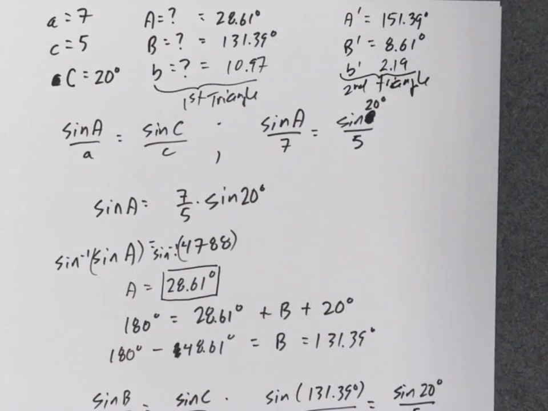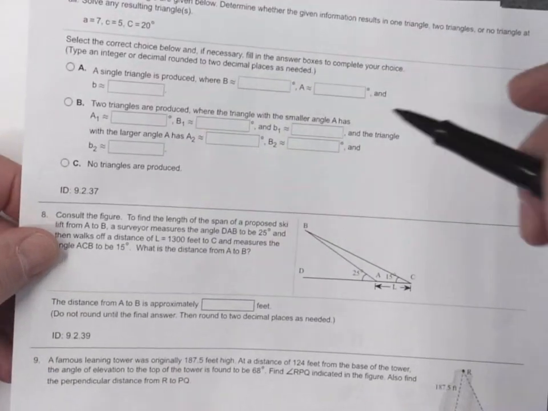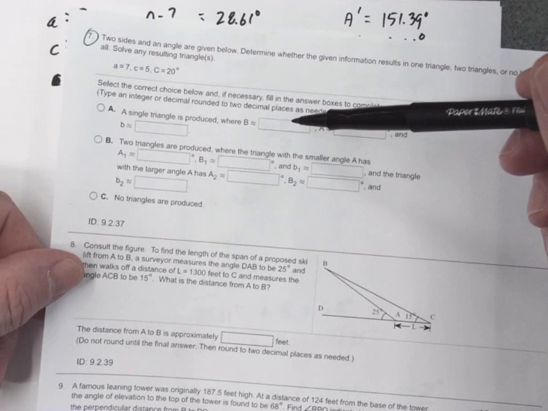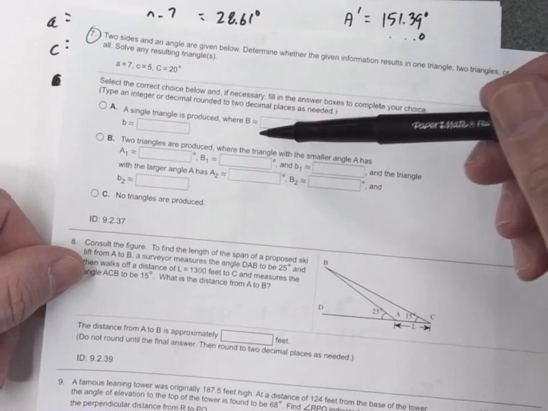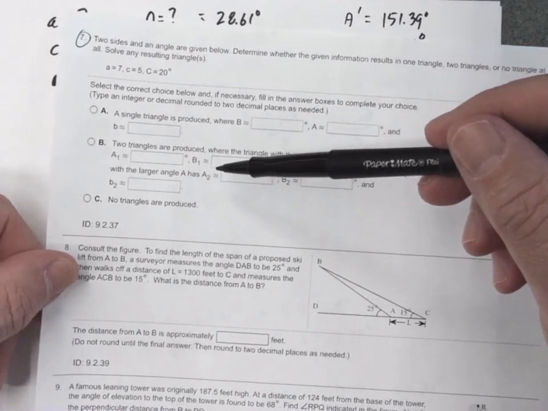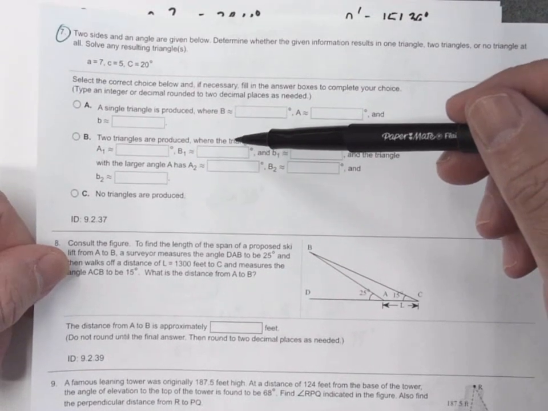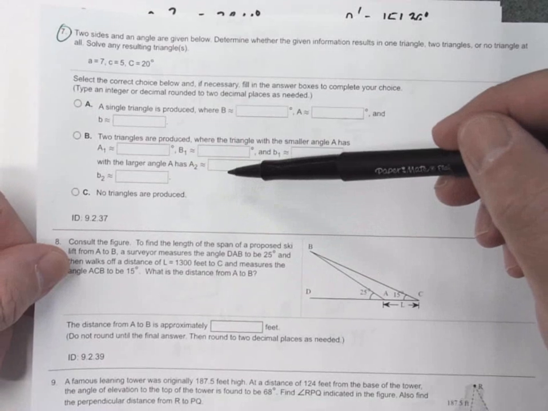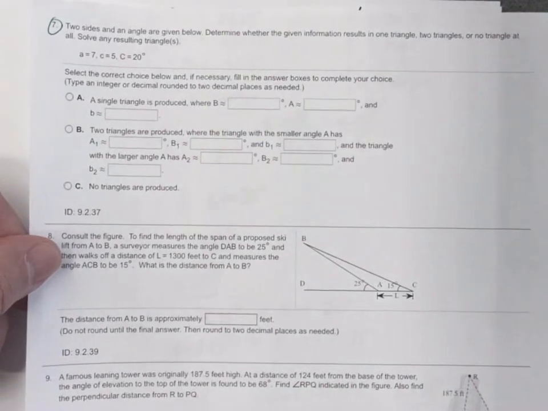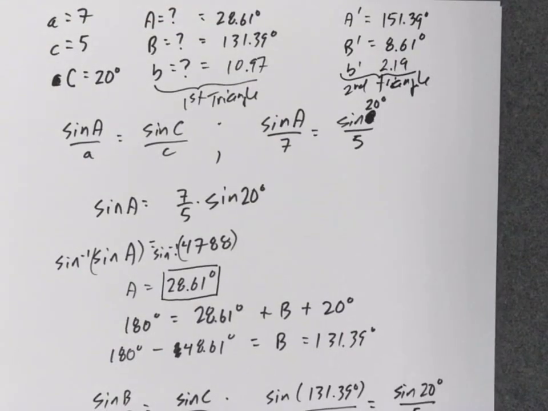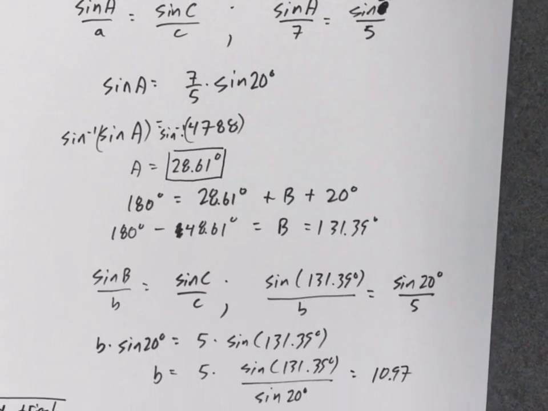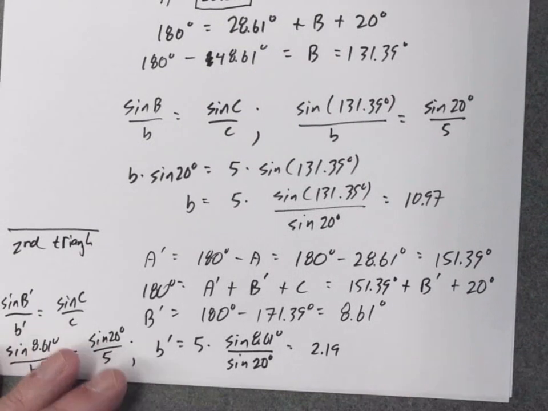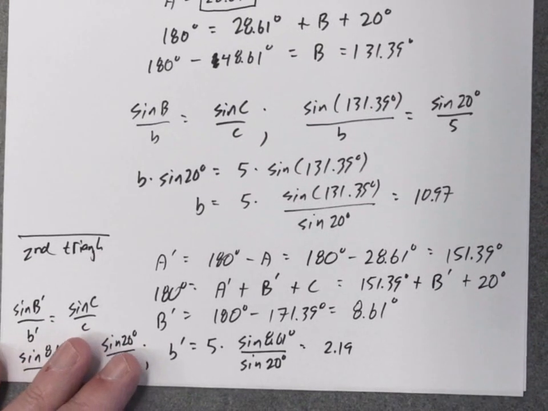You notice in the question, they say with the triangle with the smaller angle A, so you give the smaller angle A first, then the larger angle A. All right, a lot of work, but just keep track of things and be careful to complete these kinds of problems.